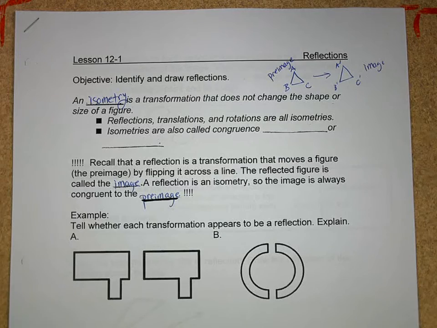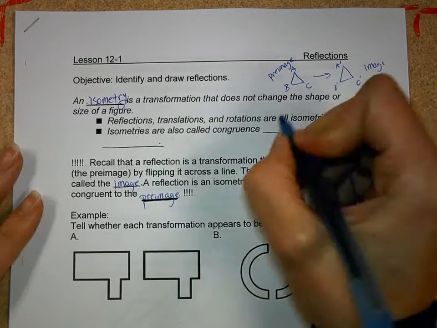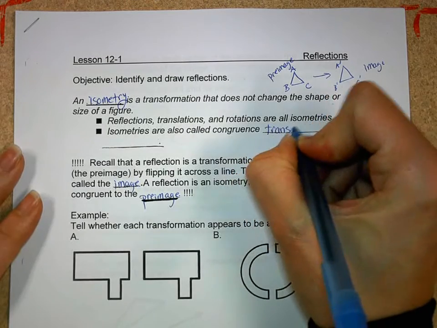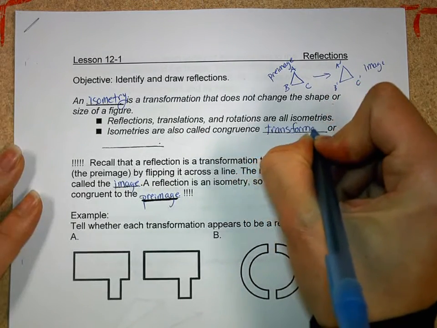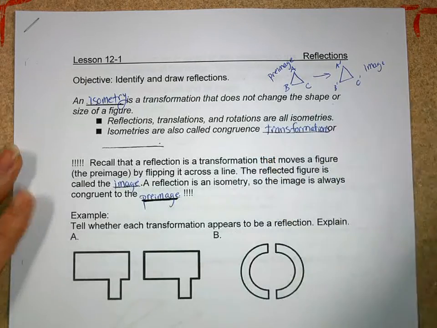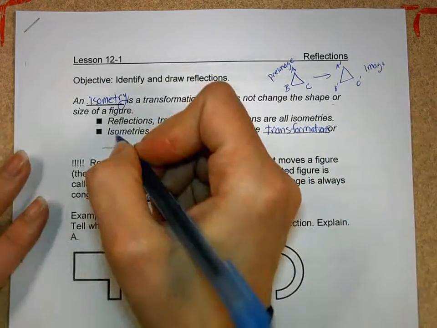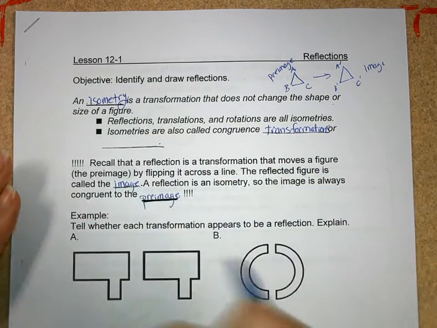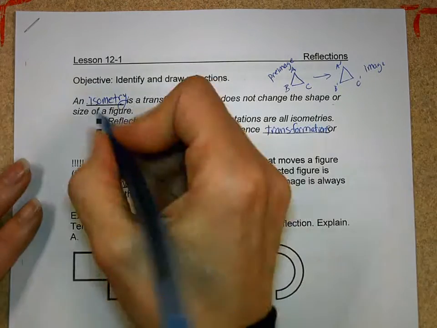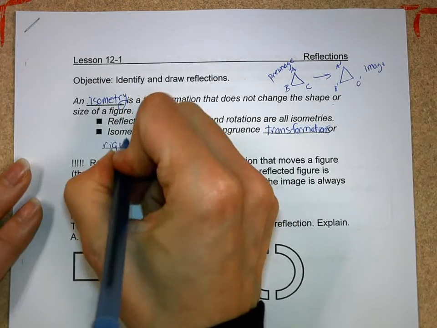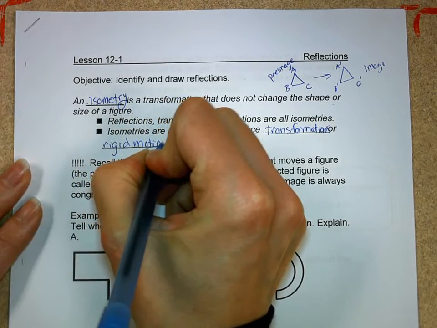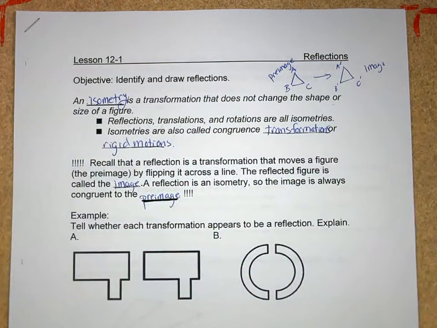There's a couple different ways that they call these. They call these congruence transformations, another way of talking about it. You wish mathematicians could get everything the same, right? Or they're called rigid motions, like things don't change. It's very rigid, the rules. So that kind of makes sense.